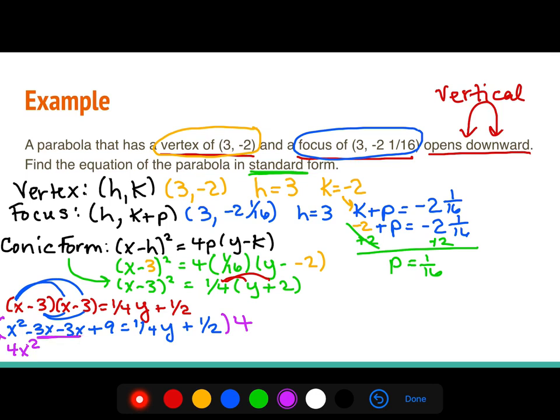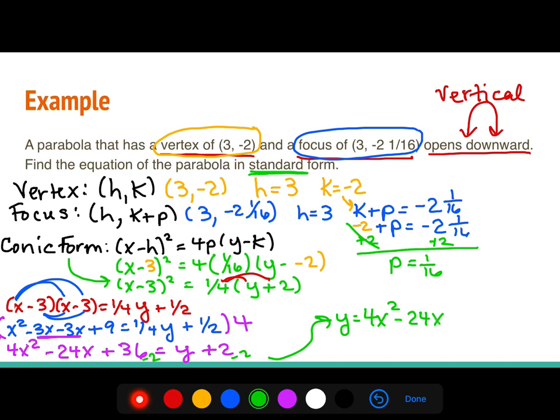And I don't like these fractions because I want y equals in the end anyway. So I'm going to clear the fractions by multiplying everything by 4. So 4 times x squared is 4x squared. -6x times 4 is -24x. 4 times 9 is 36. 4 times 1/4 y is 1y.